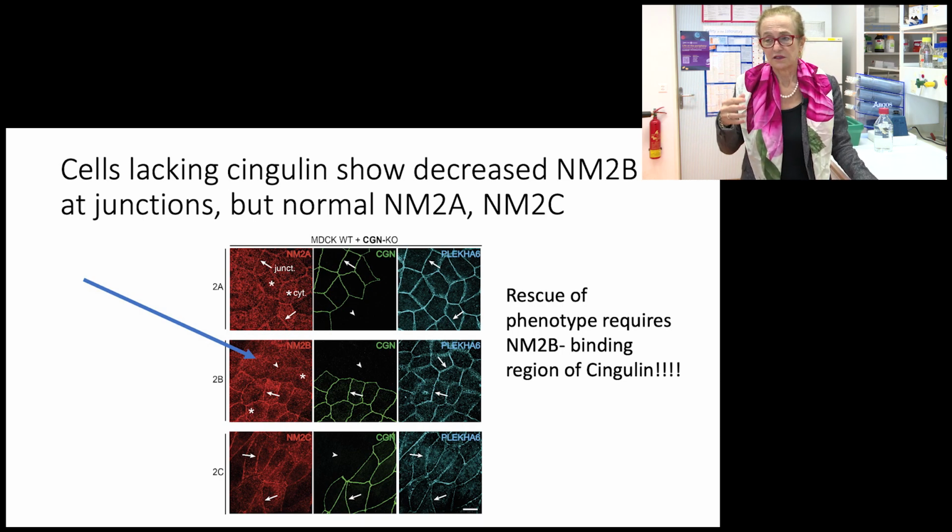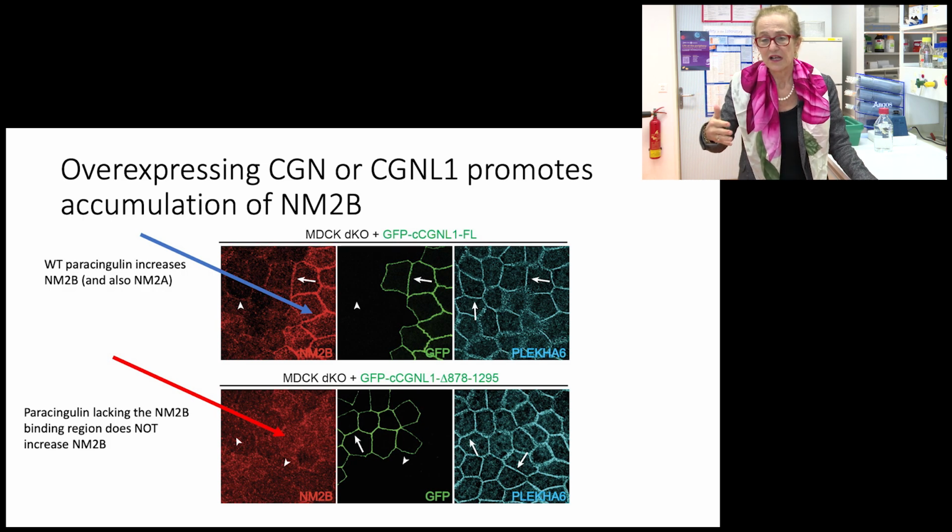In short, the results are that if you remove cingulin, you lose a lot of myosin 2B at junctions. If you remove paracingulin, you don't see many effects, but if you overexpress paracingulin, you have an accumulation of 2B and 2A, and if you overexpress cingulin, you accumulate more 2B.